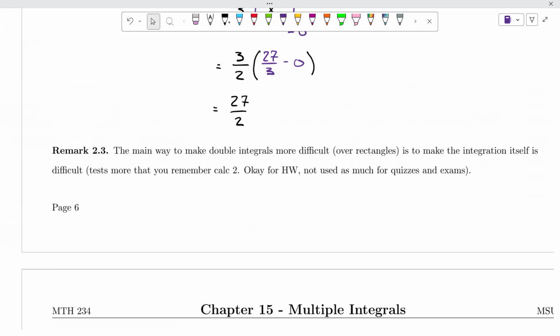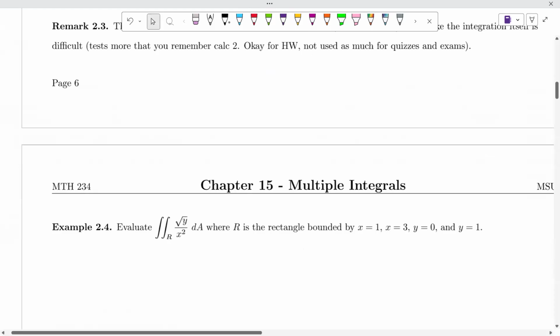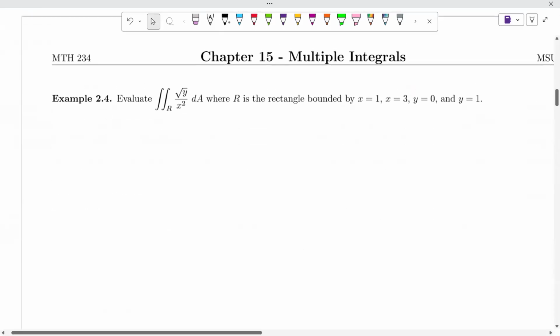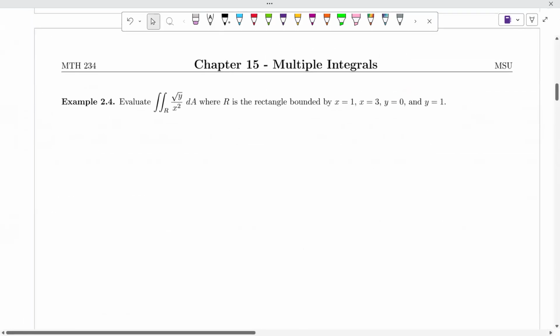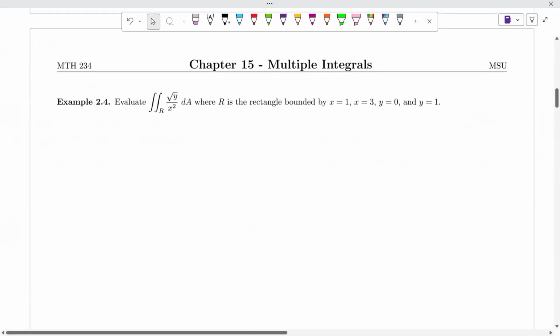So expect to see relatively straightforward integrals on quizzes and exams with the more complicated single integrals showing up on the homework. I hope. Let me know if it's different from that, because that means we should make some changes.